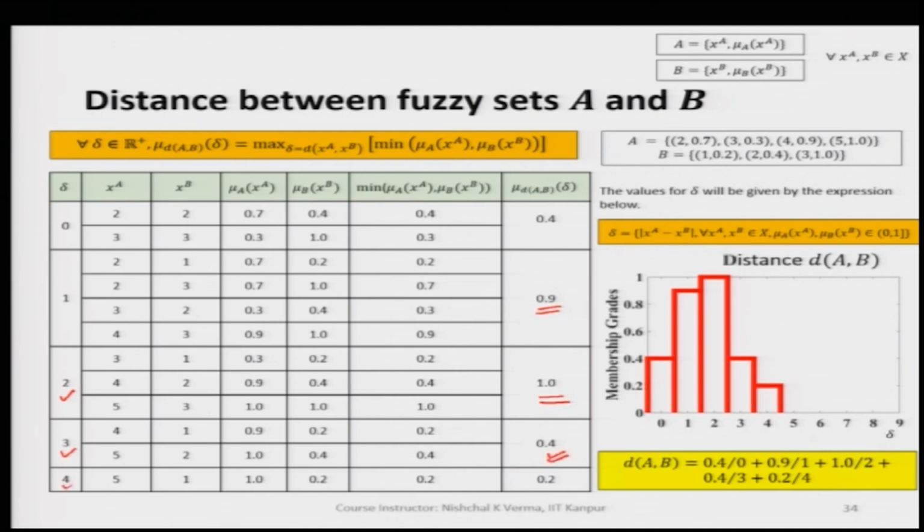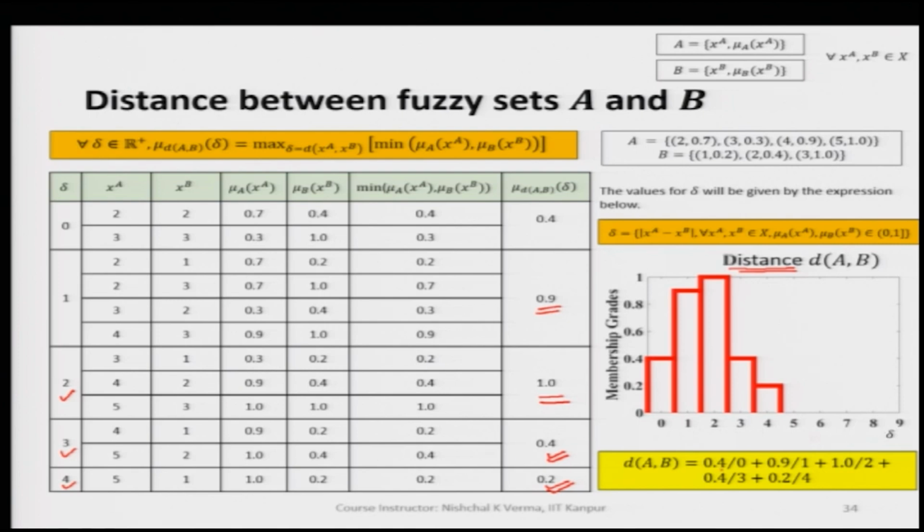Similarly, for delta equal to 4, we get the corresponding membership value 0.2. Now, let us make use of this to construct the resultant fuzzy set, which is nothing but the distance between the two fuzzy sets A and B.